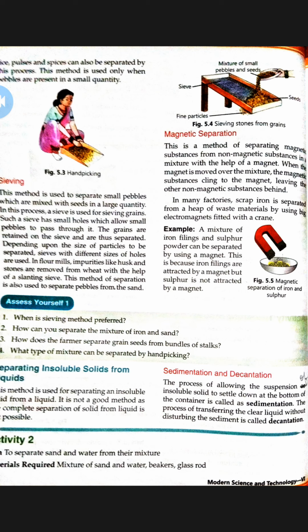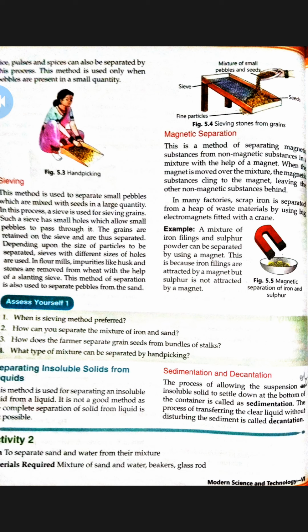All the insoluble solids are allowed to settle down at the bottom of the container, while the process of transferring the clear liquid that is left behind without disturbing the sediment deposited at the bottom of the container, while the clear liquid is above that.